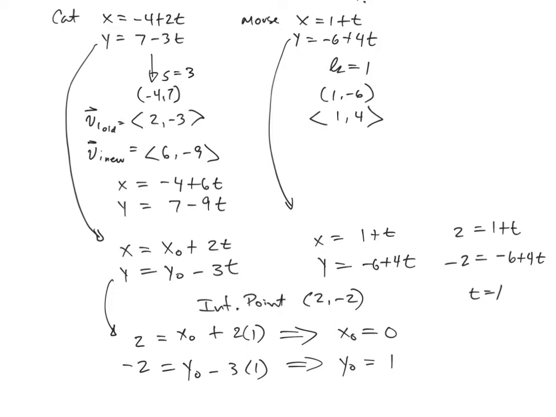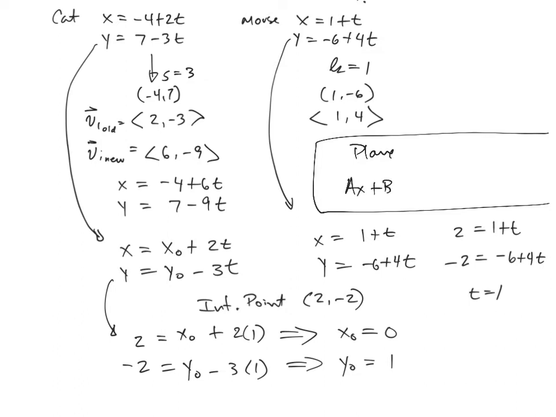Whereas with the plane equation, which looks like this, there are also two pieces of information: a vector perpendicular to the plane with the components A, B, and C, and a point on the plane, which is encompassed by this parameter D.